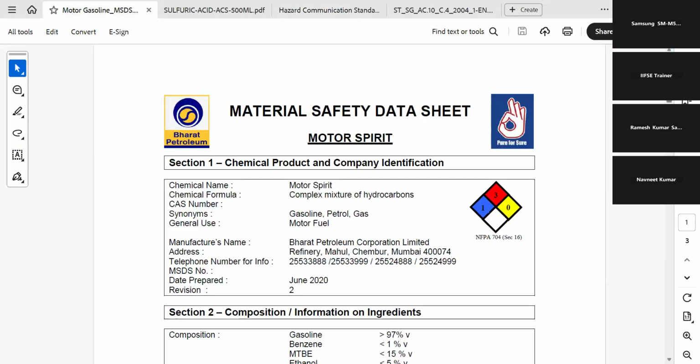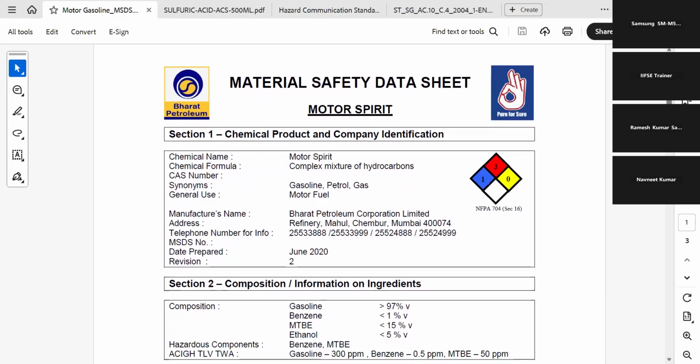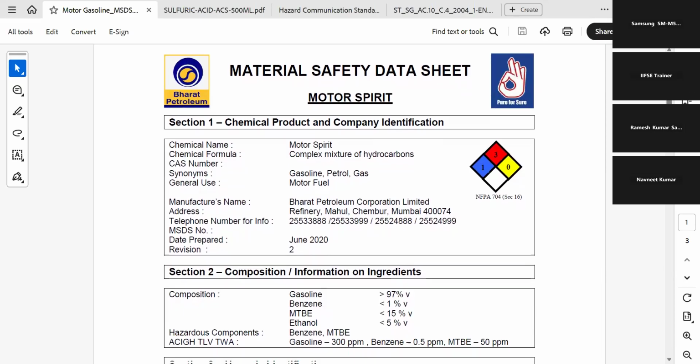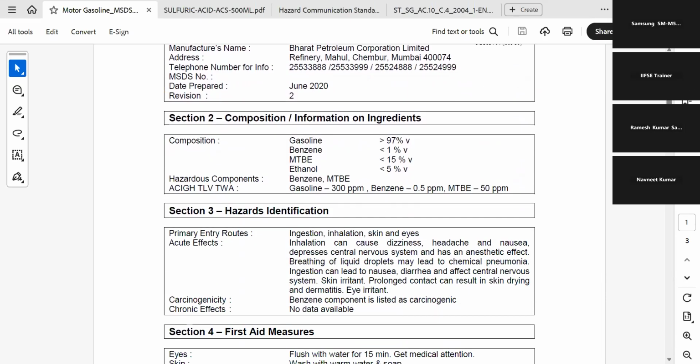Section one talks about the chemical product and company identification: the name of the chemical, the chemical formula, and synonyms, which means the other names of the chemical. Then who is the manufacturer, address, telephone number, etc. Then composition.